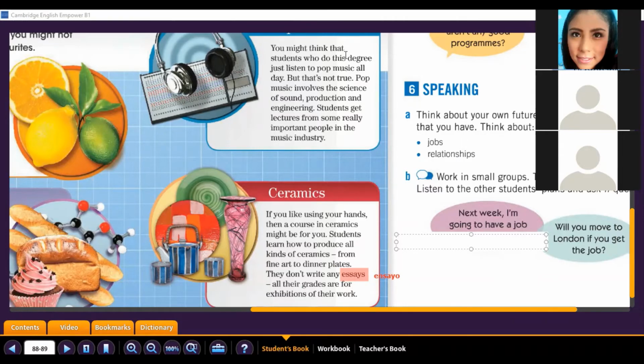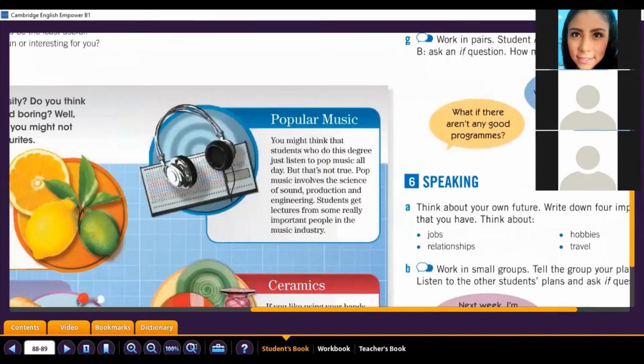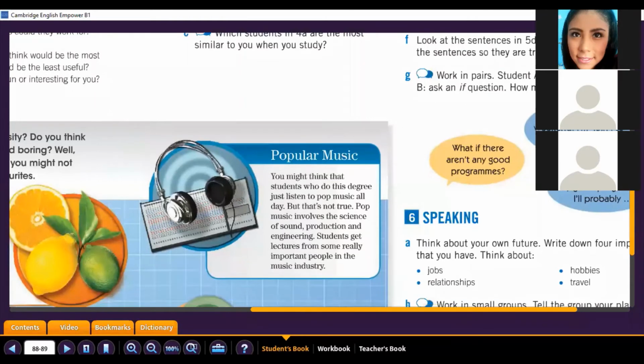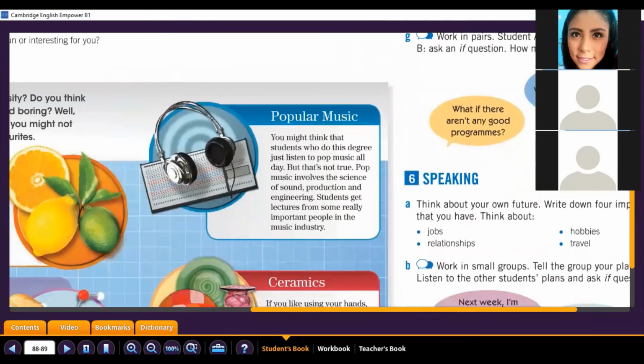Good. Let's see the last unusual career we have over here. Let's see, let me go up. Popular music. Can you help me reading popular music, please, Alexander Quiroz? That's right, teacher. And popular music.